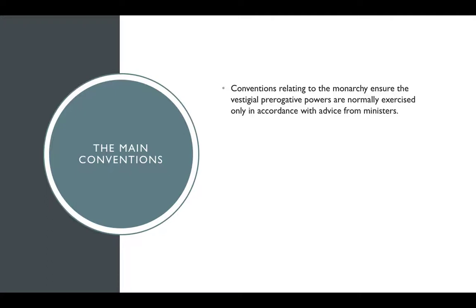Now this is a very interesting example because at the time of recording we have just gone through the issue of the prorogation of Parliament. In September 2019, the Prime Minister Boris Johnson sought to prorogue Parliament, which is to dissolve Parliament effectively for 5 weeks during the Brexit negotiations.